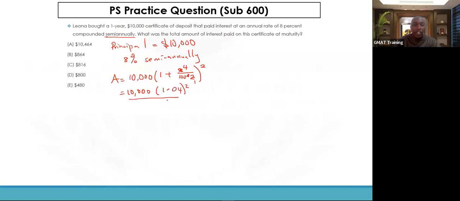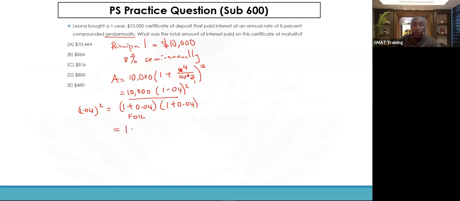Since we don't have this expressed in the answer choices, we need to simplify this further and actually calculate it. And how can we do this easily? We can do this as 1.04 squared equals 1 plus 0.04 squared. We can FOIL this using algebra.